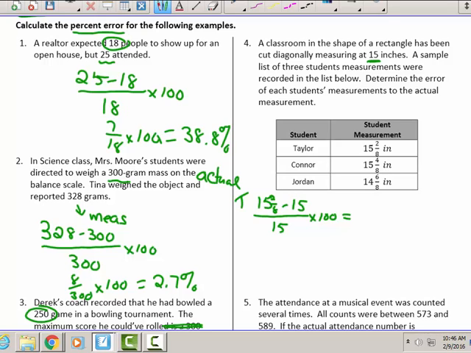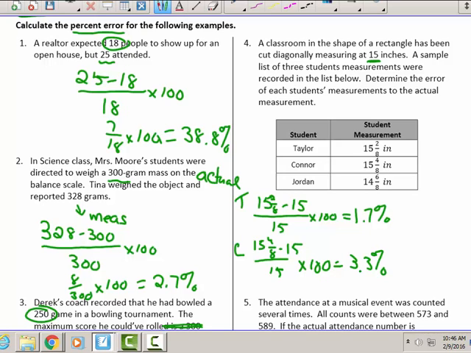So that is 2/8 divided by 15, which is going to give me 1 point, determine the error, it doesn't say, I'm going to round to the nearest tenth, so 1.7%. For Connor, we have 15 4/8 minus 15 divided by 15 times 100, which is going to give me 3.3%.